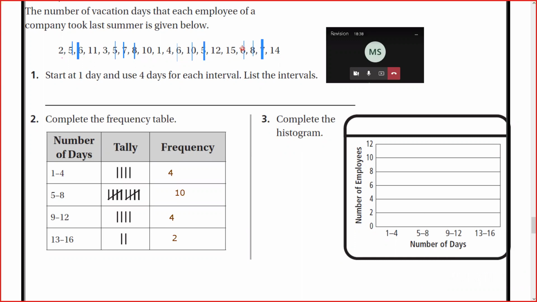Count the numbers: 1, 2, 3, 4, 5, 6, 7, 8, 9, 10. I told you I need to count how many numbers are from 5 to 8, from that given data. Bravo.